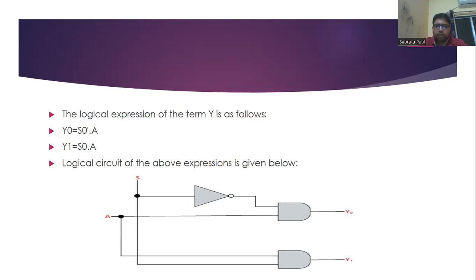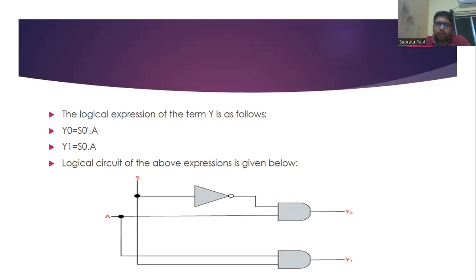S0 is connected to a NOT gate, and the output is connected to this particular AND gate, where one of the inputs is A. That gives y0, that is S0 bar and A, and we have the second one, that is A and S0, which is y1. So this is the logic diagram of the final outputs y0 and y1.